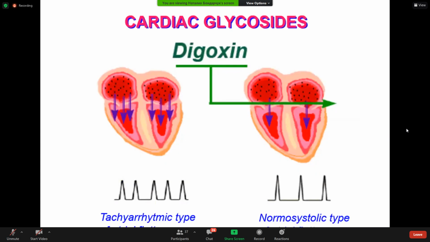Next group of antiarrhythmic drugs, cardioglycosides. In the previous 2 centuries or 3 centuries, I think 2 centuries, digoxin was used to treat heart failure, but earlier than 2 centuries ago, digoxin was used as a drug that stimulates diuresis.